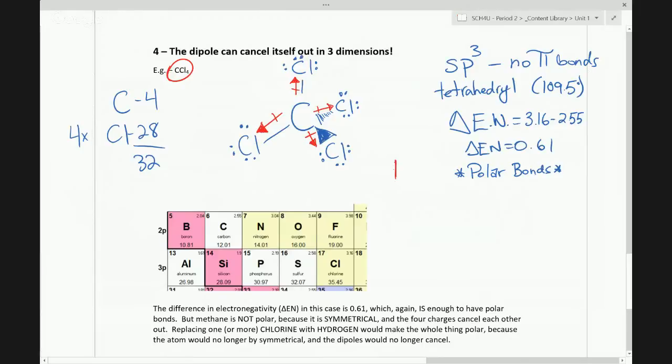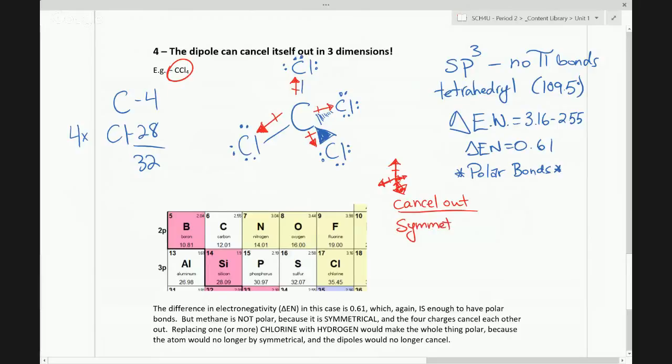So we have one dipole going straight up, one dipole going like that, one of them coming forward towards us, like this, and one of them heading away from us, like that, badly drawn, and they cancel out.